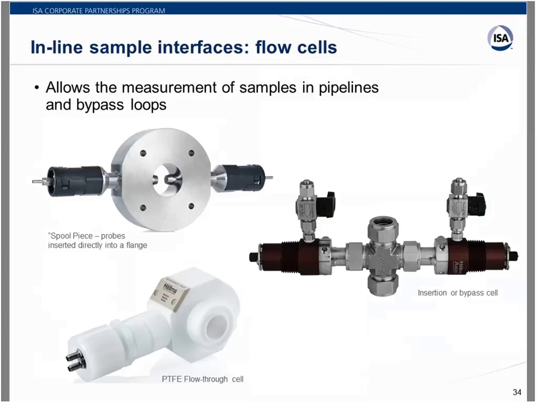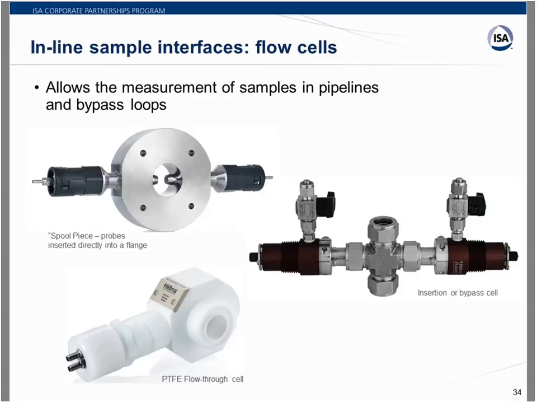Okay, the other thing that you can do with sample interfaces is that you can have flow cells. So if you have a pipeline and you want to put probes on each side of the pipeline, then you can insert those into a flange, insert that into the pipeline, and as the sample is going through, it's just literally passing through the illumination and the detection probe.